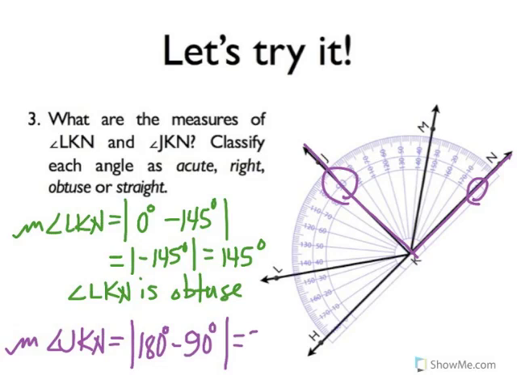So that is going to give us 90 degrees. 180 minus 90 is positive 90, and the absolute value of positive 90 is 90 degrees. And so since the measure of angle JKN is exactly 90 degrees, that makes angle JKN a right angle.